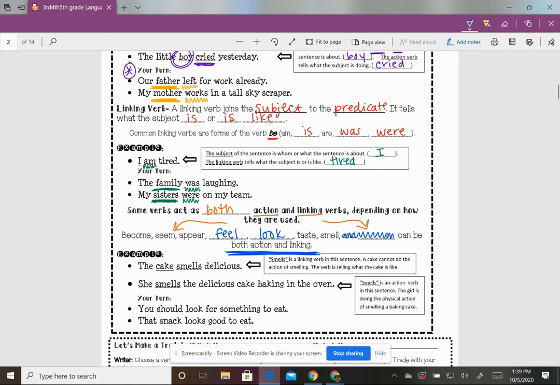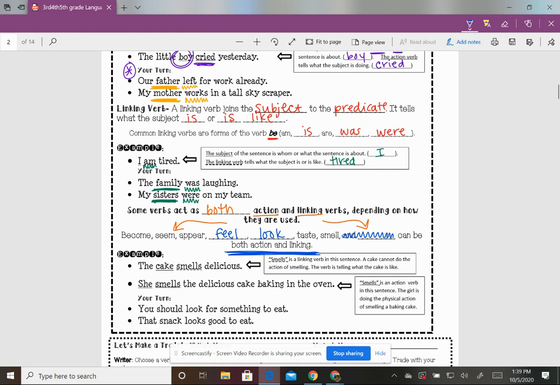Let me show you some examples. The cake smells delicious. Smells is a linking verb in this sentence because a cake cannot actually do the action of smelling. It would be kind of goofy to walk into a kitchen and see a cake sniffing around. The verb is simply telling what the cake is like. It smells delicious.